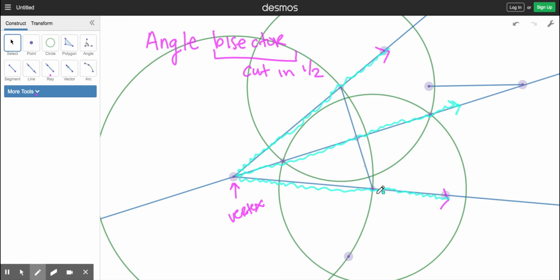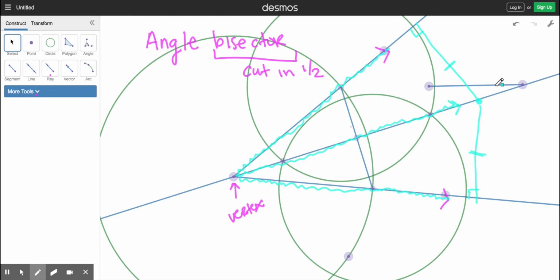So if I picked any point on this and I dropped a perpendicular, that distance is the same. So any point on the angle bisector is perpendicularly equidistant, I guess is a better way to say it, to the two sides of that angle.